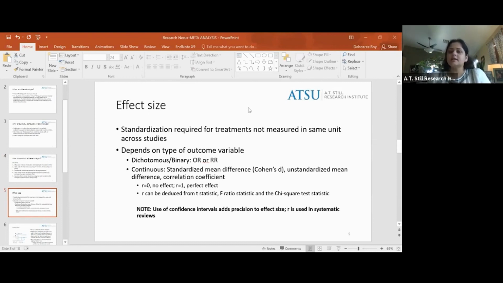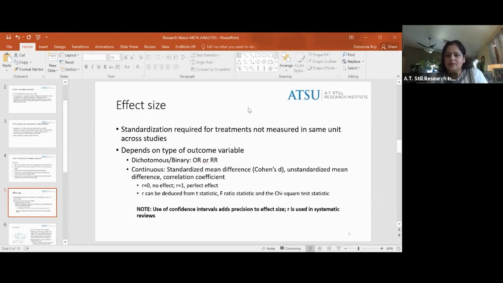So if all your studies have an OR or an RR between the treatment and the control, then you can use that to run your statistic. But most of the time we cannot find enough studies with the exact same outcome estimate.